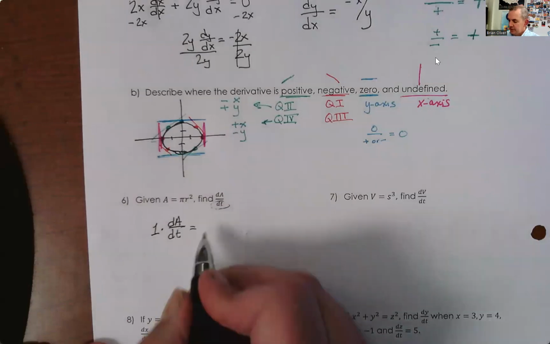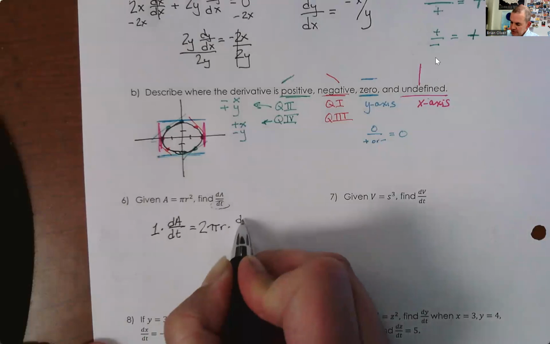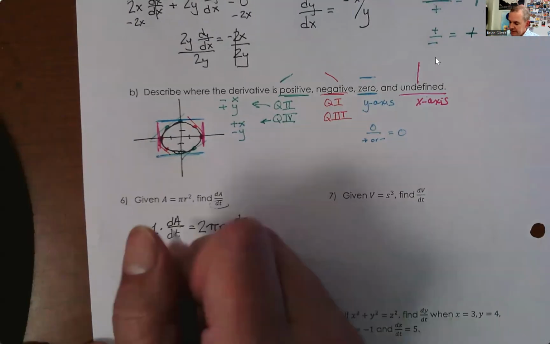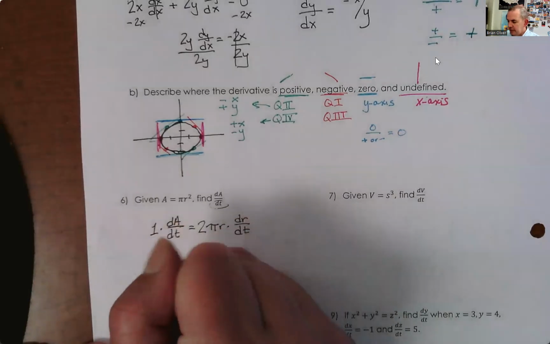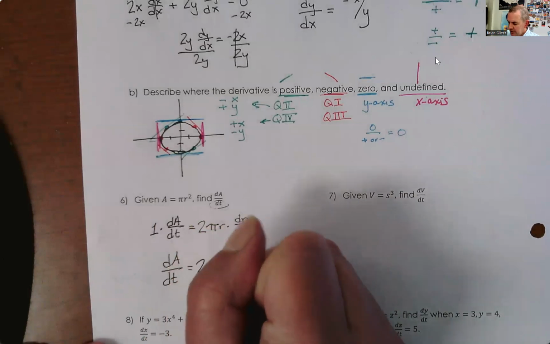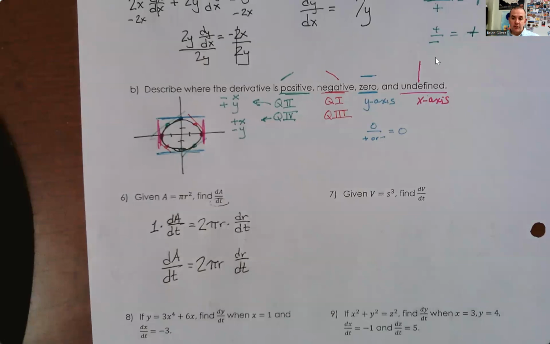Pi is a constant, so this actually becomes 2 pi r times dr/dt, because r is my variable. So basically that tells me that the derivative of the area of my function is equal to 2 pi r dr/dt, which is basically the circumference. So to figure out the area of a circle, you can actually use the derivative, which is the circumference of your circle.